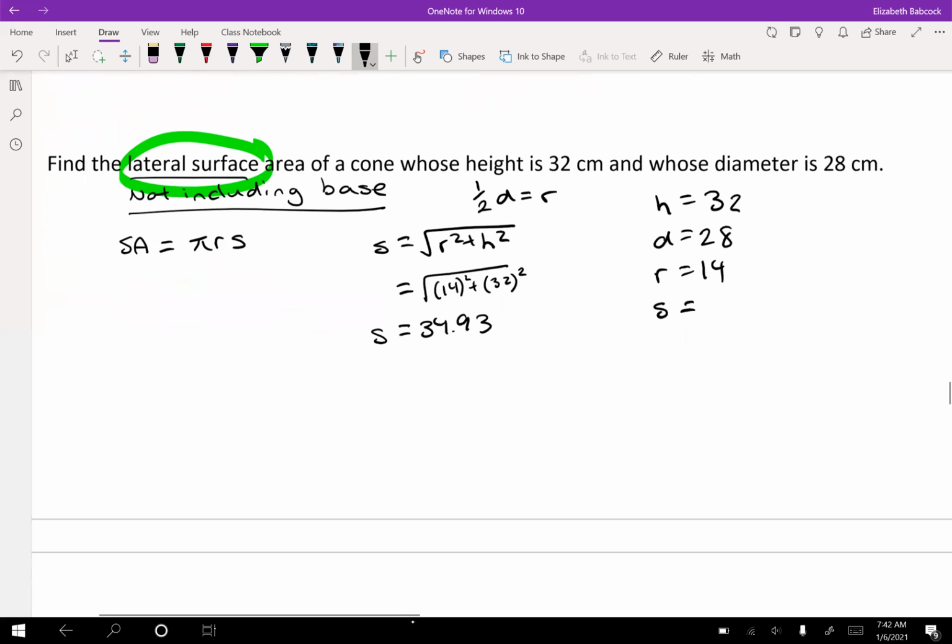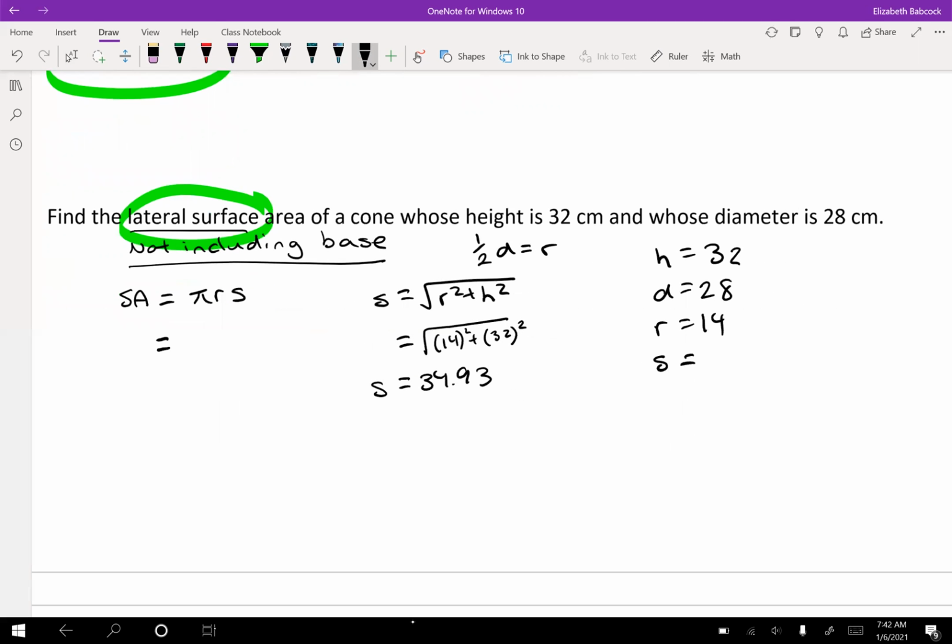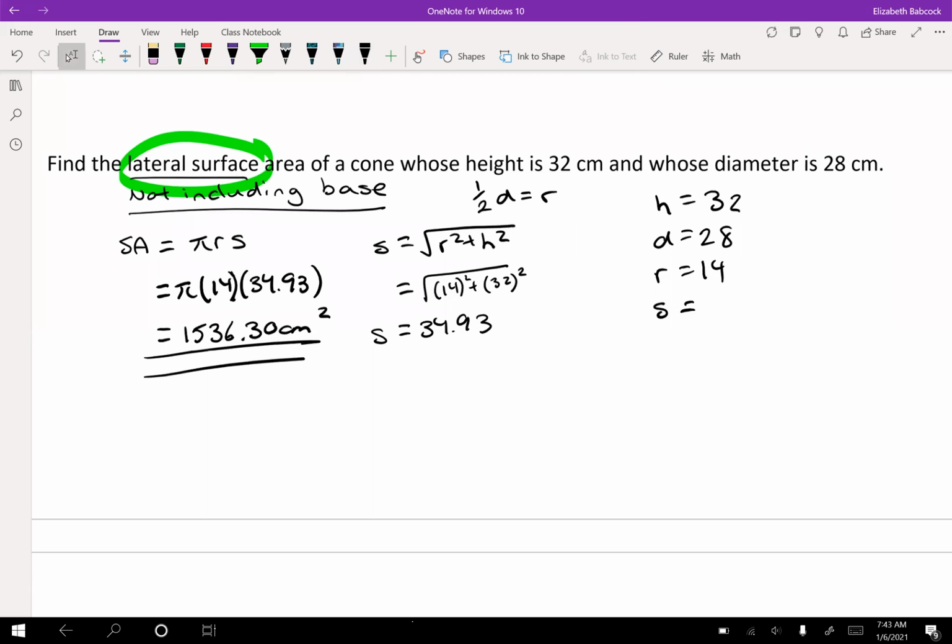Then you plug those into your equation of pi times 14 times 34.93 to get a total area of 1,536.30 centimeters squared. Okay. I know we're going fast, but you guys can always pause it, rewind it, retry it.